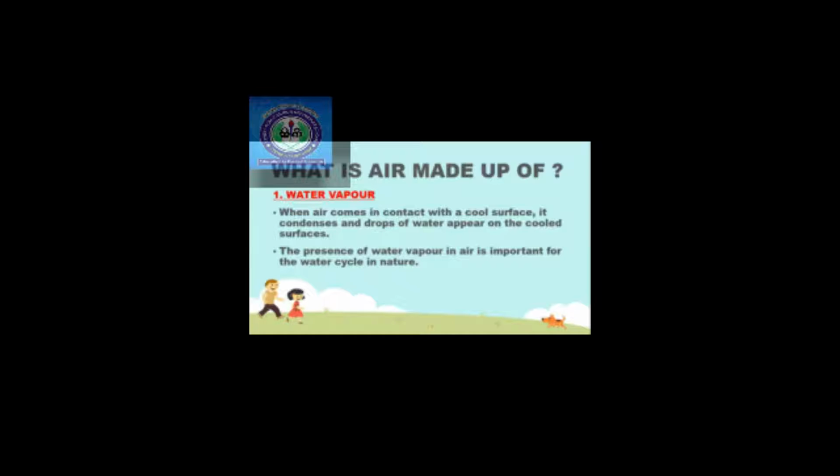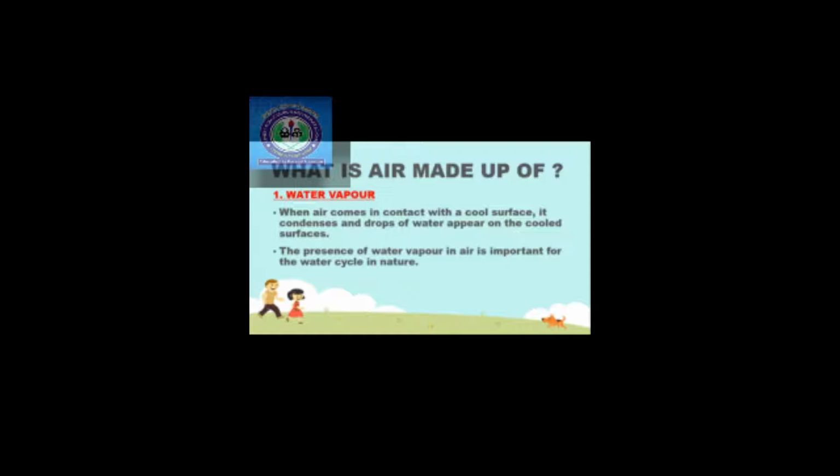When air comes in contact with a cool surface, the vapor condenses and drops of water appear on the cooled surface. We can see this in summers, when we keep water bottles outside the refrigerator and see droplets on the surface of the bottle. That is water vapor, right?